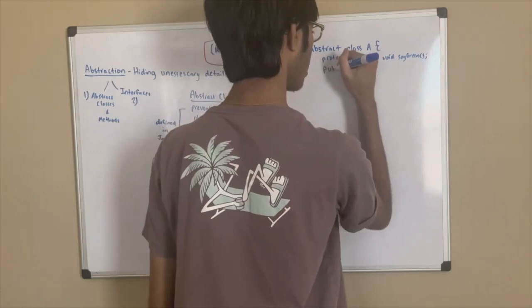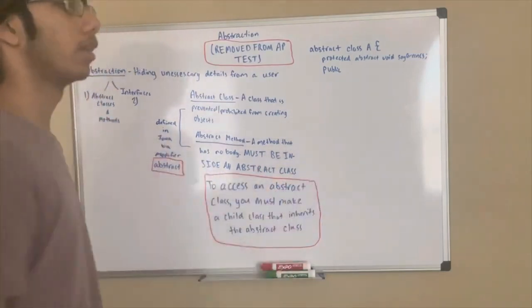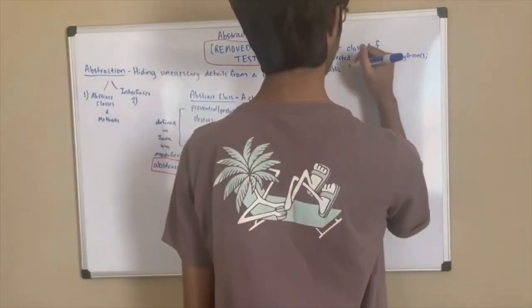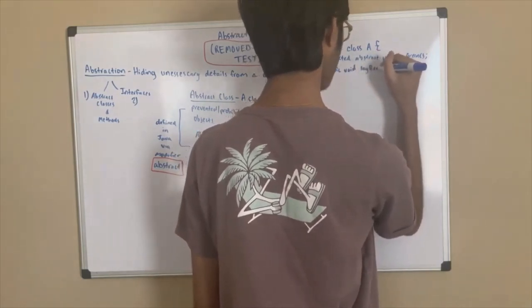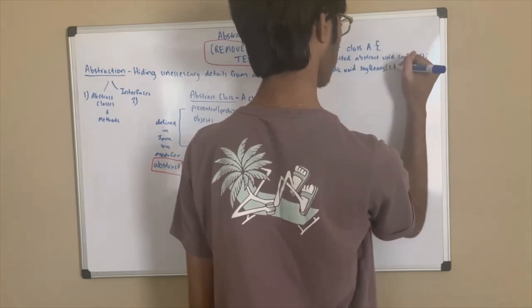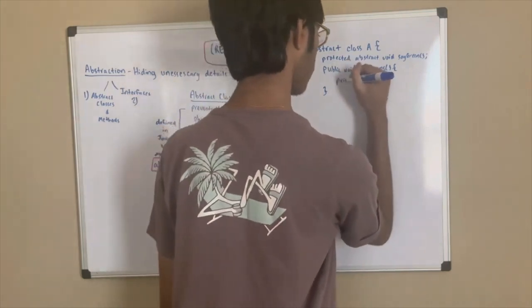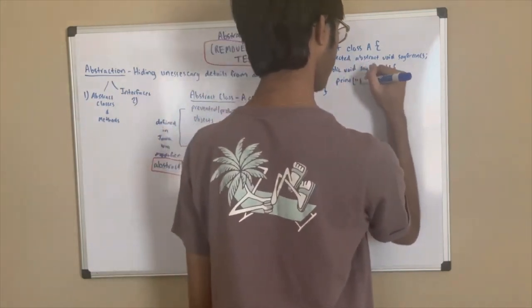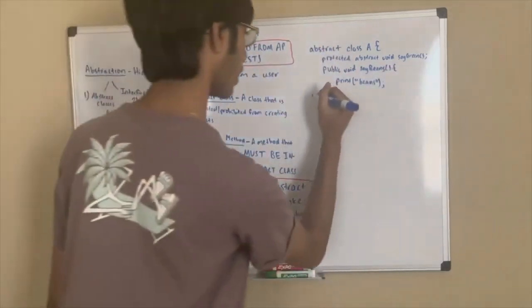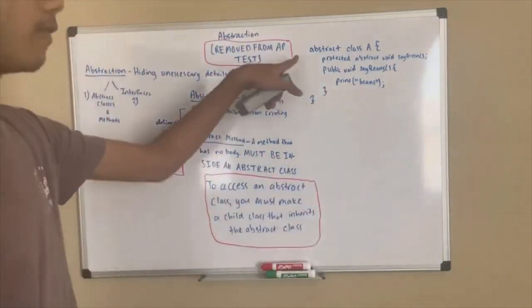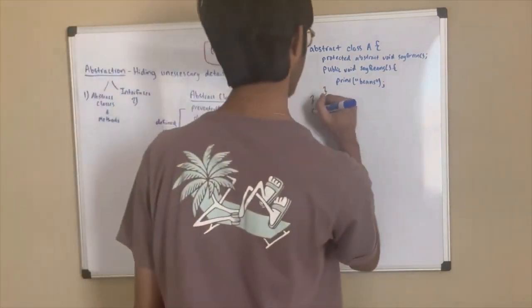It will still compile because abstract classes can contain abstract methods or they can have regular methods in them. So I can make it public void, and this can have a body because it's not abstract, and then I can just print beans. That successfully compiles. But now I have to define my abstract method. And to define it, or to access it, I must make a child class out of it.